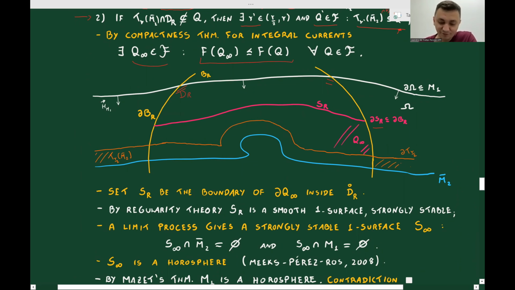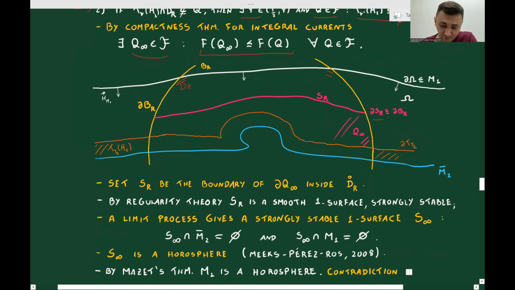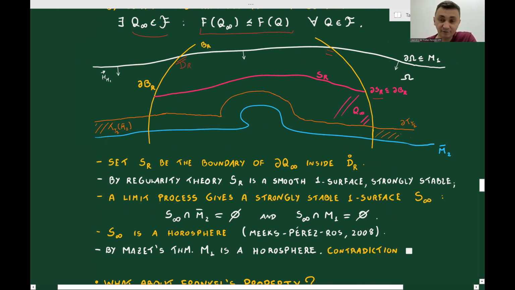The main point is, by regularity theory, SR is a smooth one surface, strongly stable. This is because SR is a local solution for the Plateau parametric problem. So the regularity theory says that SR is smooth and strongly stable.